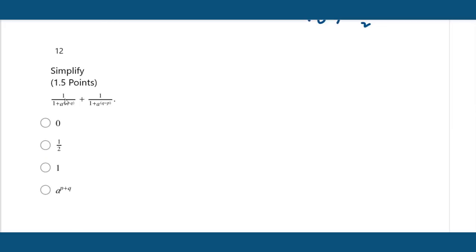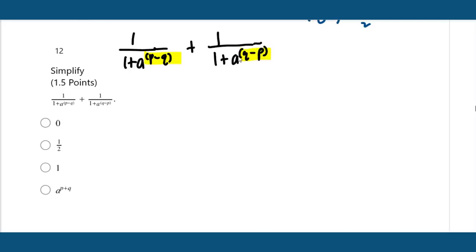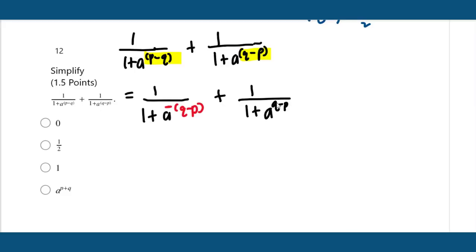Number 12. Given this one, 1 over 1 plus a to the power p minus q, plus 1 over 1 plus a to the power q minus p. Here the difference is negative. Standardize 1 over 1 plus a to the power p minus q: take the negative outside, so change to q minus p. Then plus 1 over 1 plus a to the power q minus p.